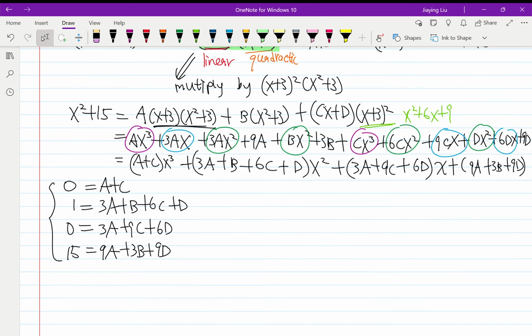And I'm not going to solve this in front of you. It's going to take a while, but you can definitely try to use substitution, because from the first equation we know that a equals negative c. You can put that in there, so that will reduce those 3 equations to b, c, d. After you put a here, you can solve for c or solve for d.